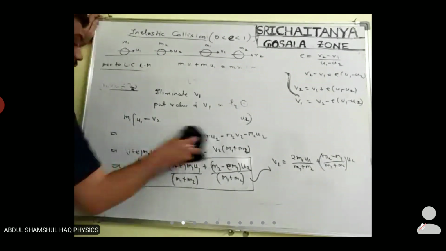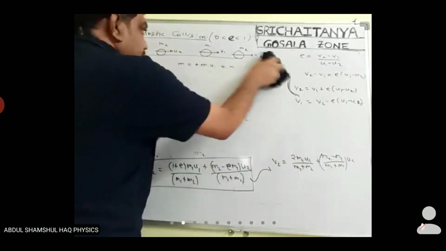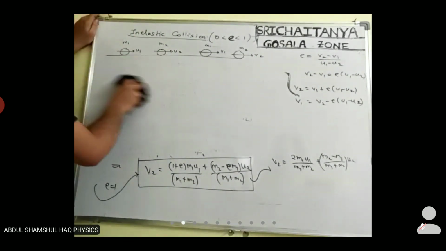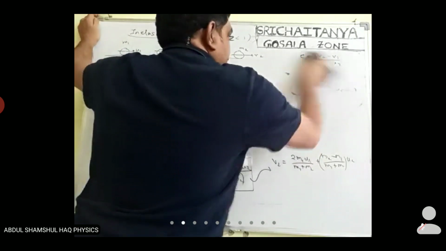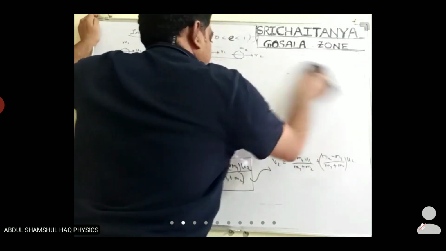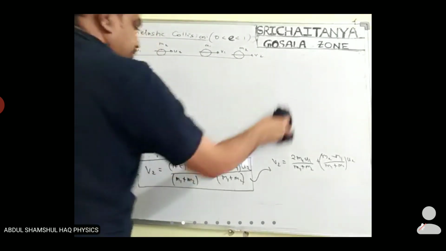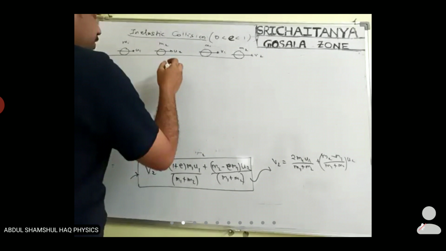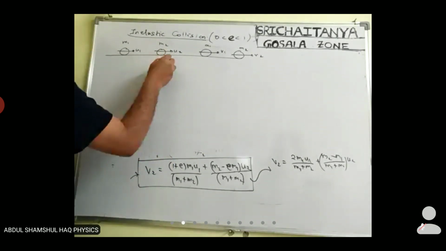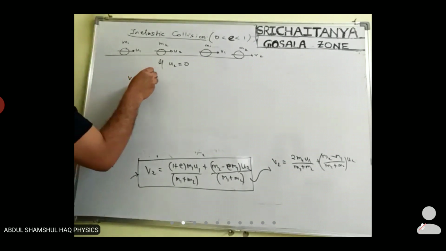After finding the values of V1 and V2, if the second body is at rest, students, if V2 is equal to 0, then the value of V1 is what?